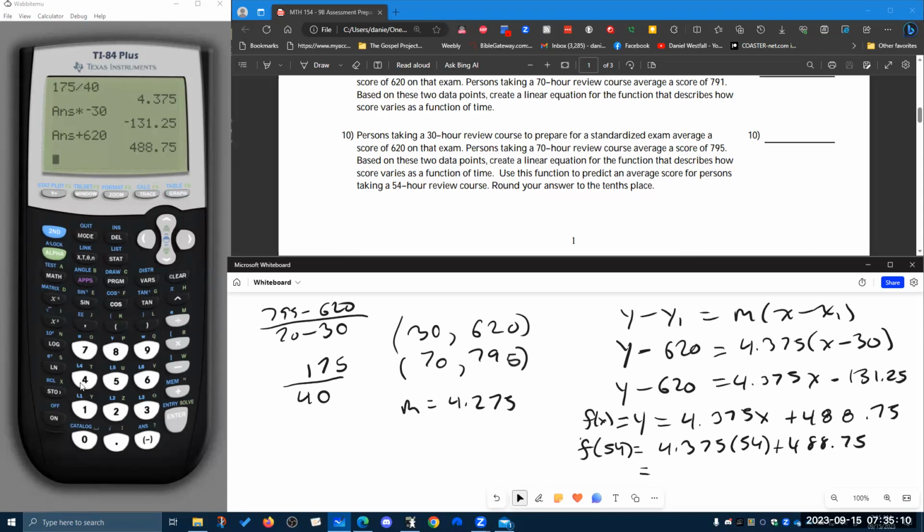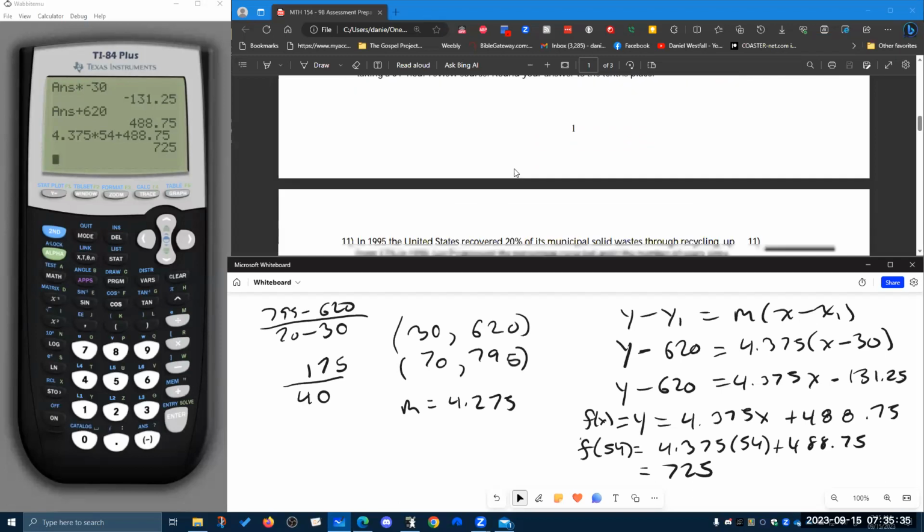So 4.375 times 54 plus 488.75. And we get a score of 725. We don't have to do any rounding. They tell us to round to the 10th place, but it comes out to be an exact answer.